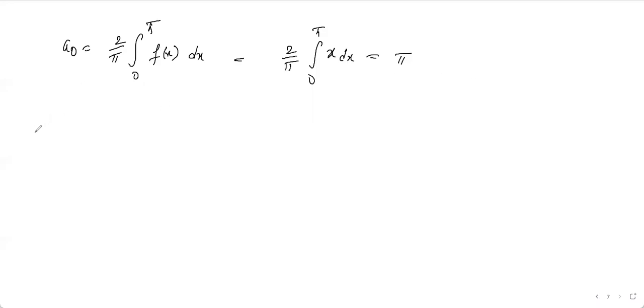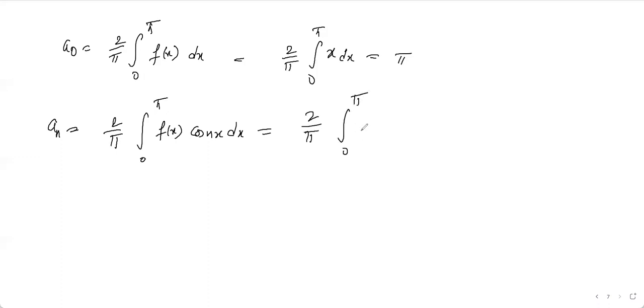So let us find what an is here. An will be 2 by pi integral 0 to pi f of x cos nx dx. So this is 2 by pi integral 0 to pi x cos nx dx.